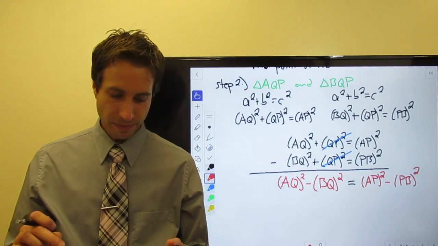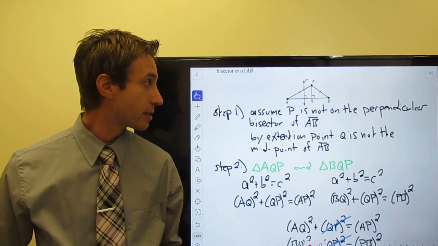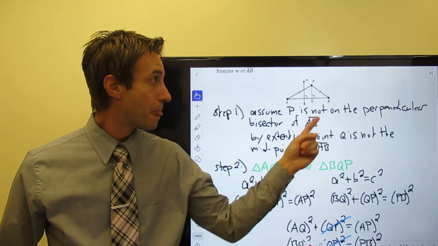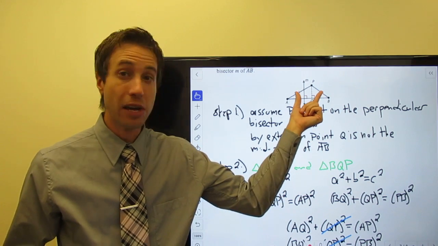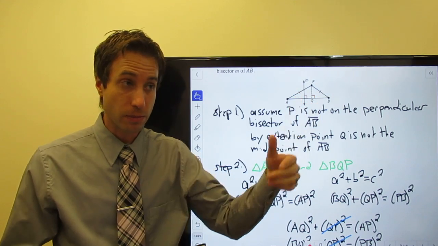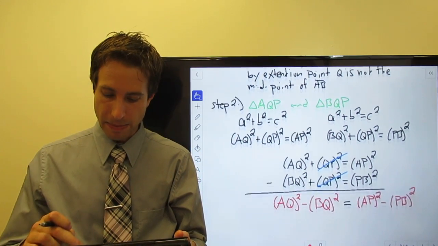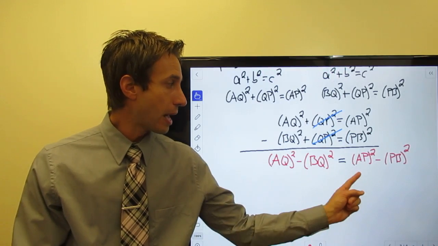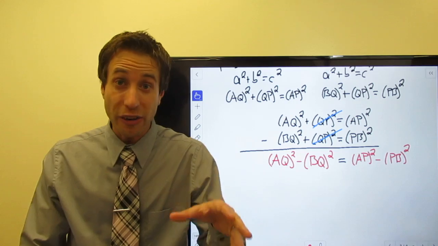Look at this. If I go back up to my diagram, please notice that AP and PB, I'm told in the diagram, are congruent. They're the same. They're equal to each other. So AP minus PB, they're equal.